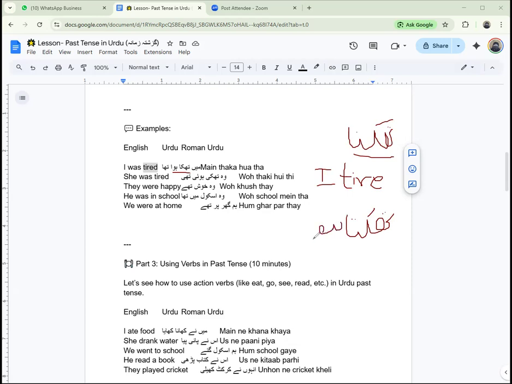I tire. If we change this into continuous, sorry, do you want Roman Urdu writing? Yes, the English one. Okay.